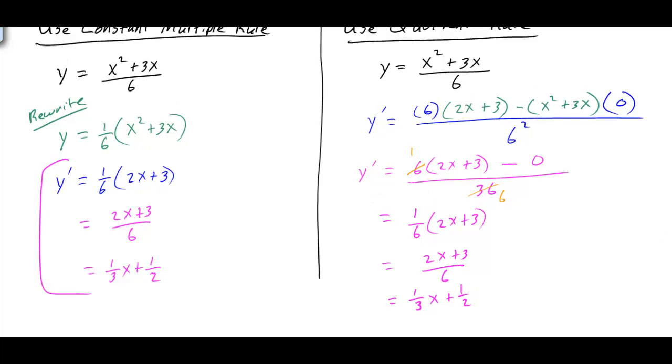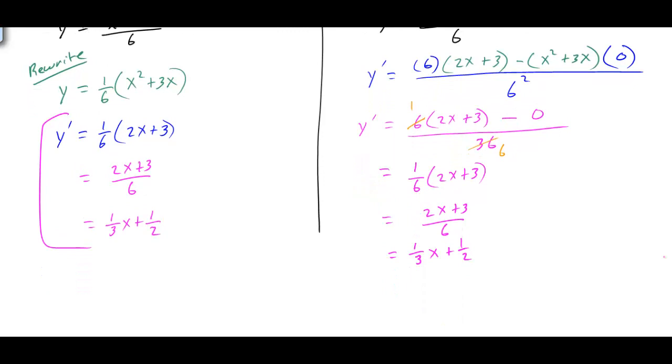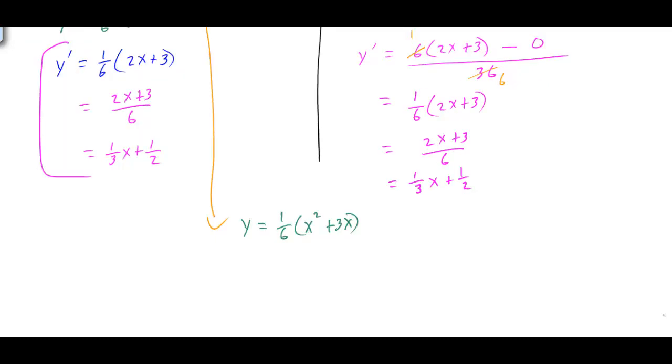And you can see here, it doesn't matter which one we use, whether we use the constant multiple rule or the quotient rule. I think you'll find the constant multiple rule to be much easier and faster for this problem. And I will point out, even at this point here, where we have rewritten the problem as y equals 1/6 times x squared plus 3x, you don't have to leave the 1/6 on the outside.